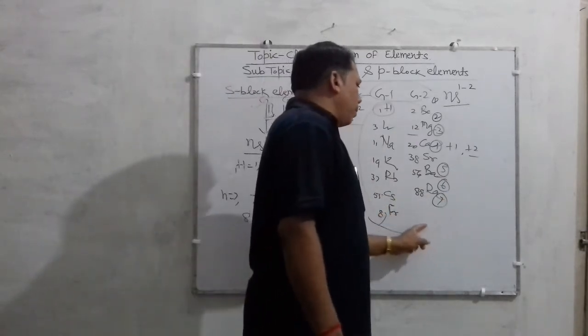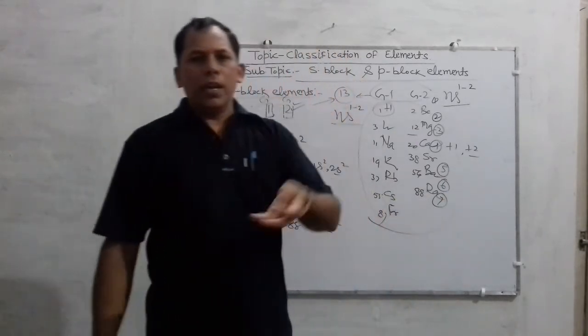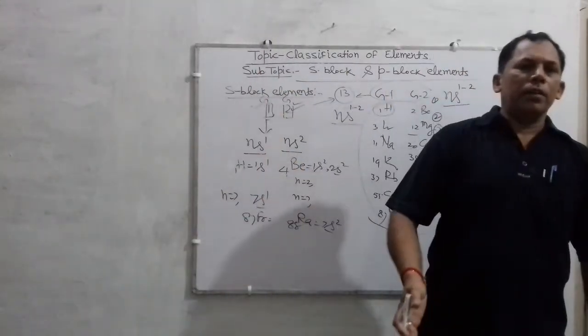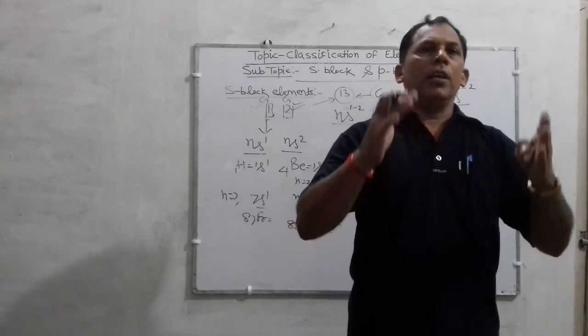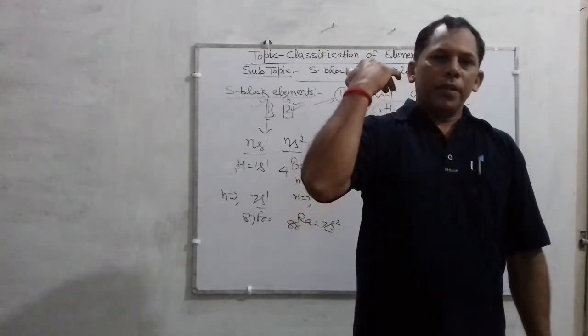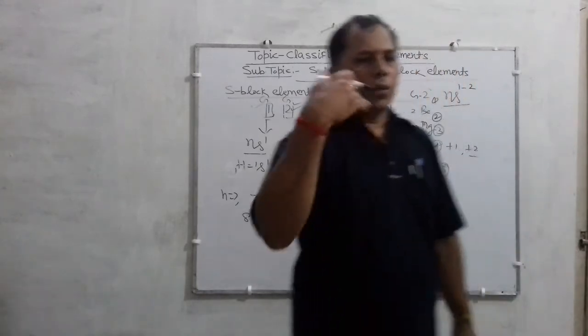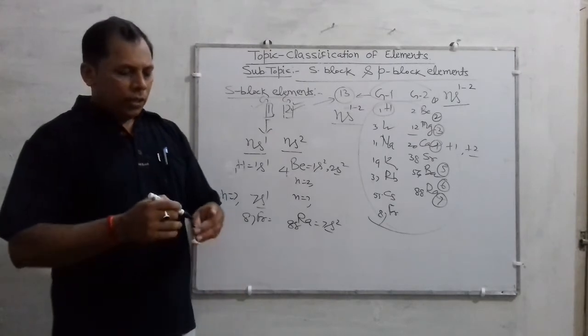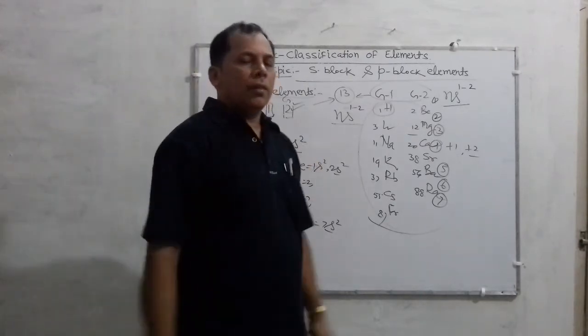Similarly, one more property you can put that the elements which are present in S block, since all are metals, so they possess good conductor of heat and electricity. Alright. So these are some general properties of S block.